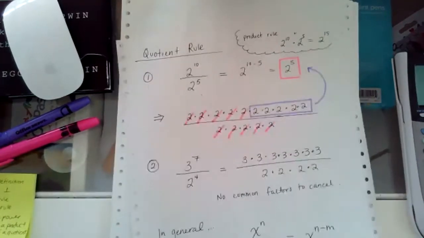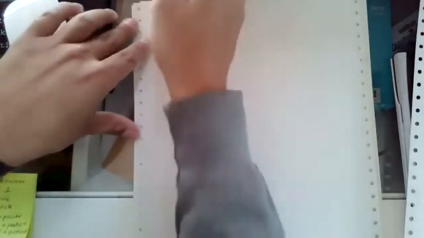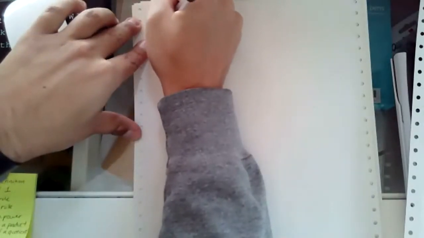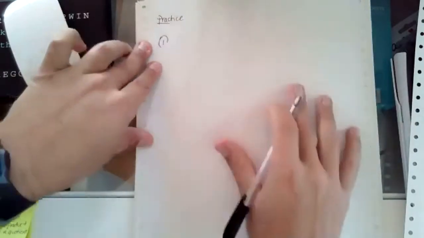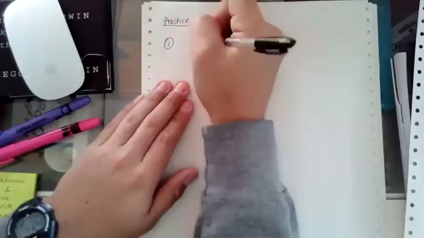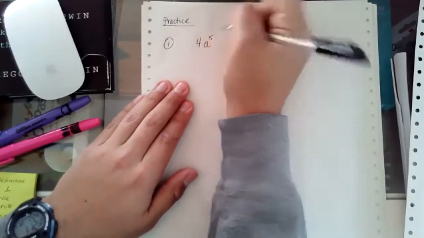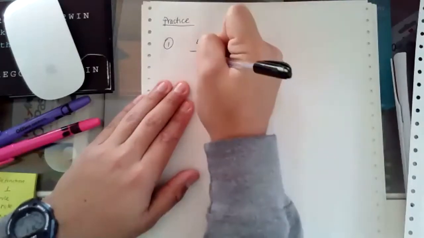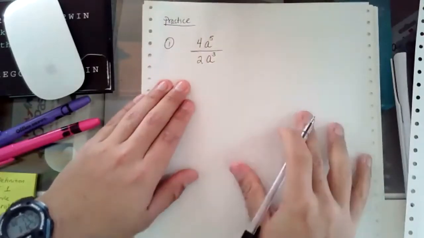All right. Do you guys want to practice the quotient rule a little bit? Yeah, sure. Yeah, let's go ahead and get some practice in. Let's do 4a to the 5th over 2a to the 3rd.